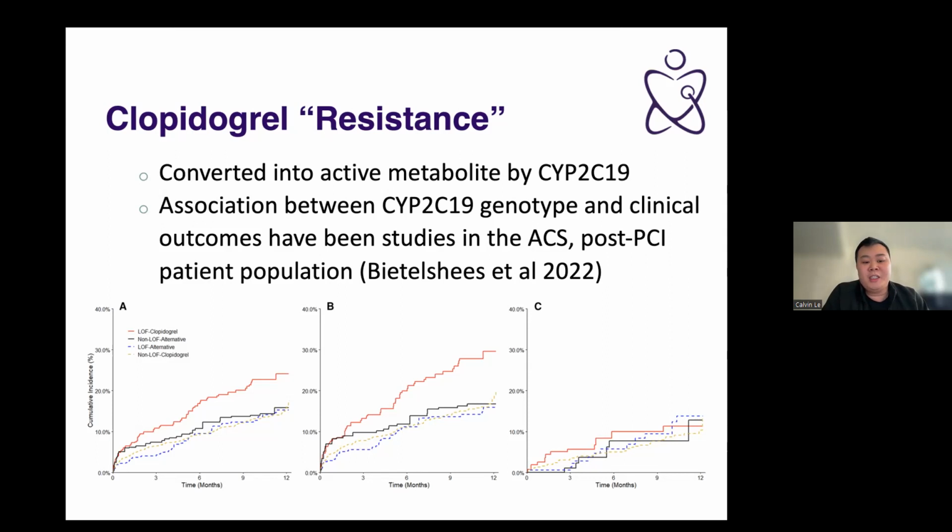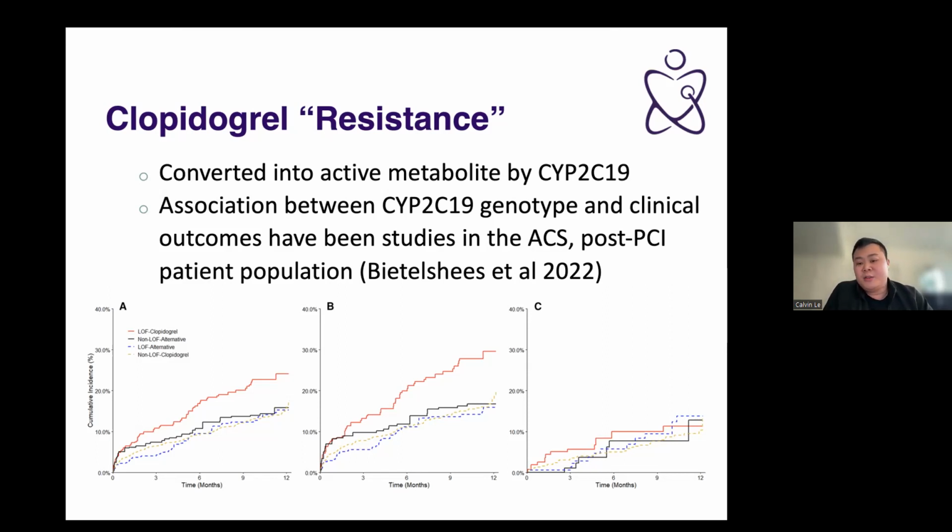They found that in patients who had loss of function alleles at CYP2C19, there was an increased incidence of cardiac adverse events up to 1 year after PCI. The hazard ratio, I think, was 1.7. But this was not seen in patients who had loss of function alleles and were treated with an alternative P2Y12 inhibitor like prasugrel.